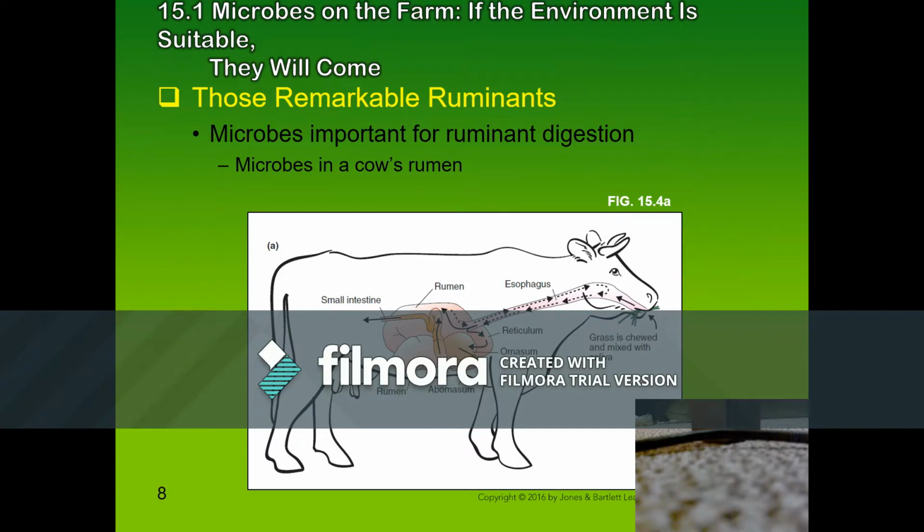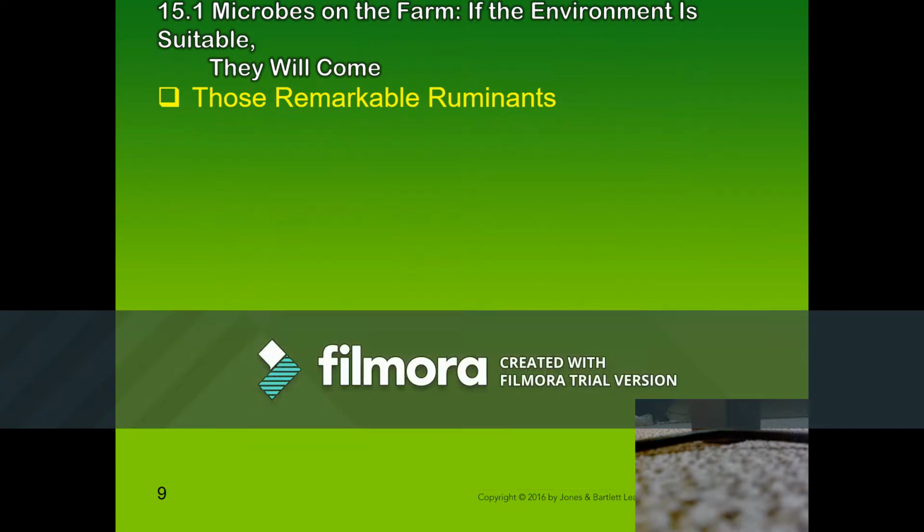The bacteria are mainly living in the rumen. The other foods will basically pass through the cow, and the rumen is where all those bacteria are living to give the cattle additional nutrients.